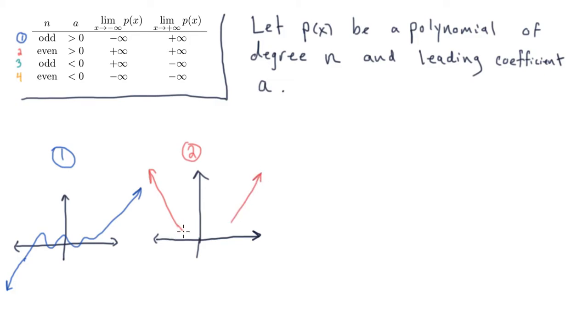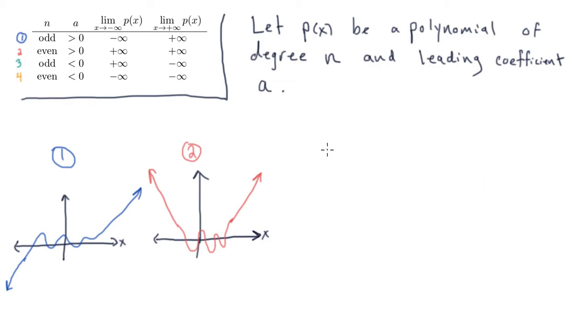Now I don't know what happens in the middle. Maybe it wiggles a little bit, I don't know. But all I know is the end behavior as x goes to minus infinity. So of course this is the x-axis. As x goes to minus infinity, the polynomial is going to infinity, just like when x goes to infinity, the polynomial is going to infinity.